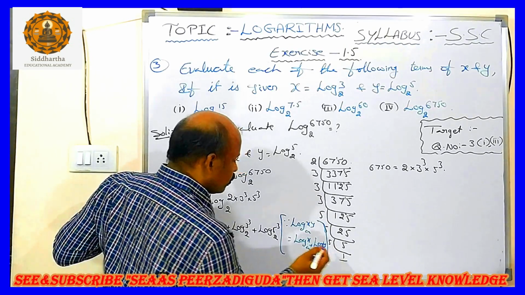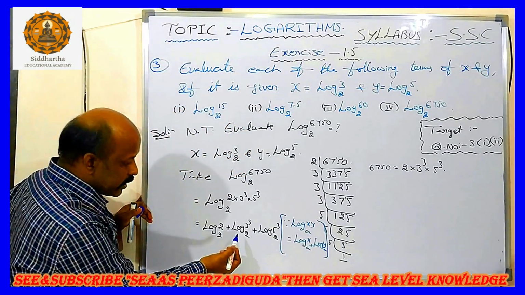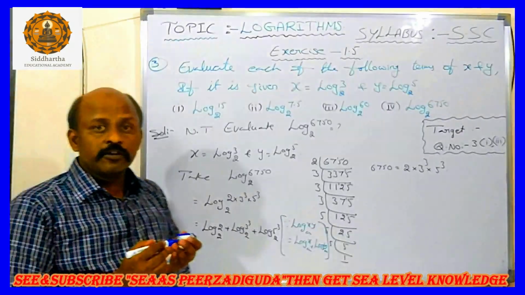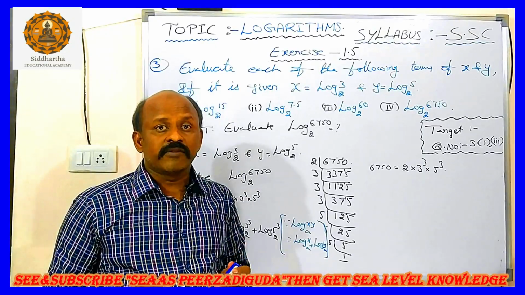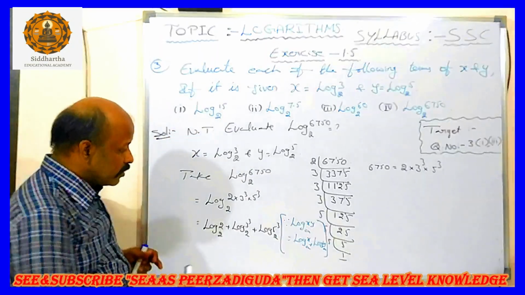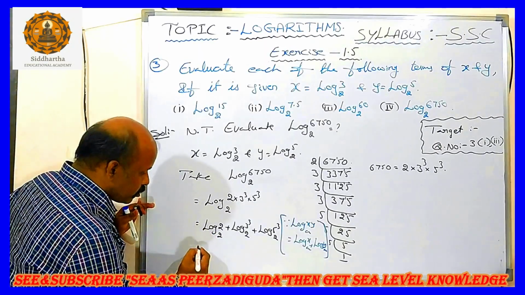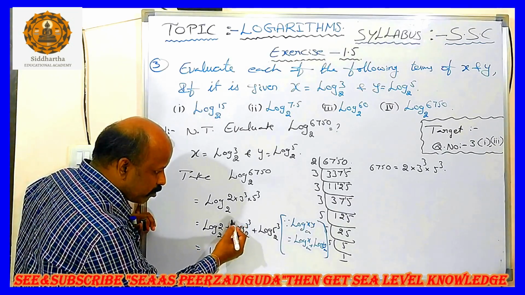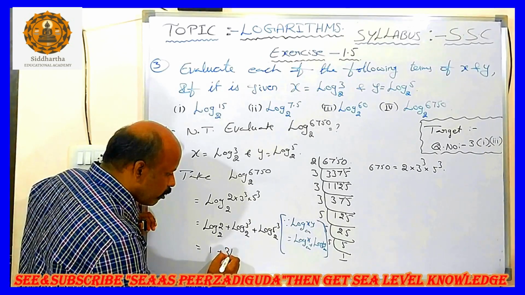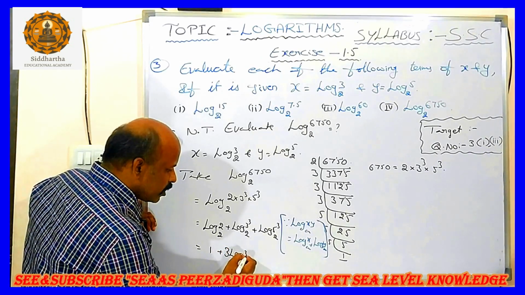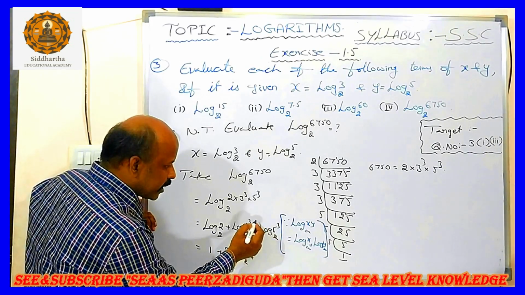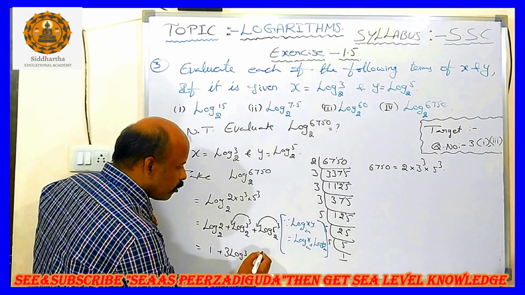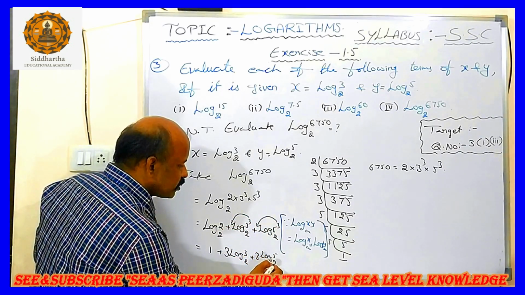Now you observe over here, again it is power formation. Log 2 base 2 value already we know. That value is what? 1. Log a base a value is 1. Instead of log 2 base 2 I am going to write 1 plus, here power formation is that this 3 I am going to write in front of log 3 base 2, plus at the same time here also I am going to write 3 in front of log 5 base 2.